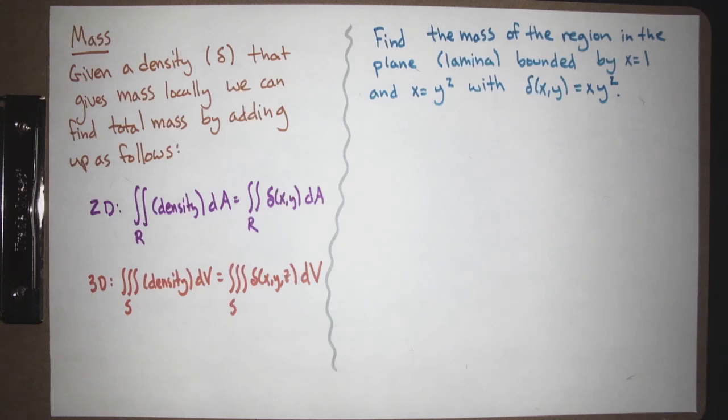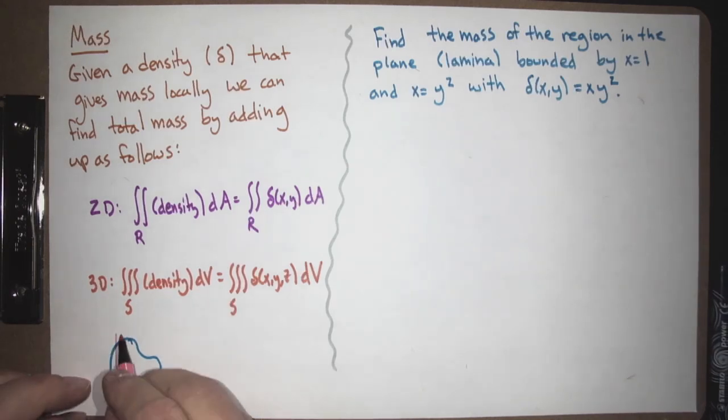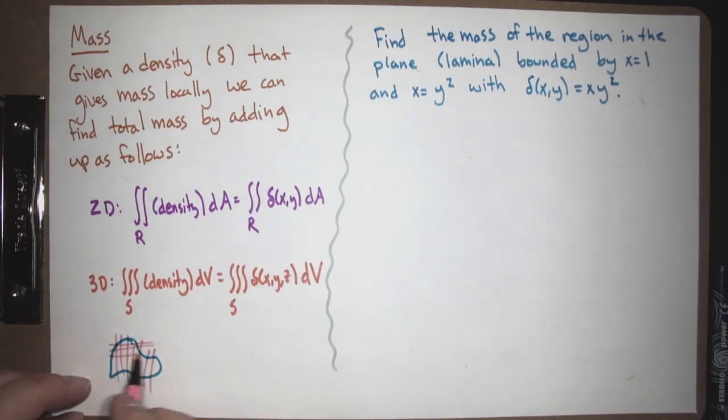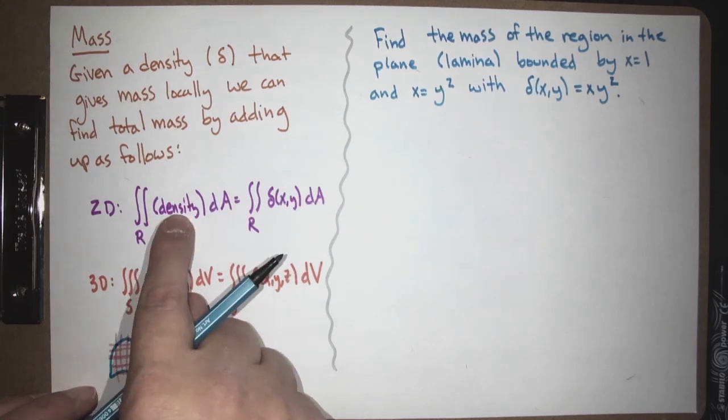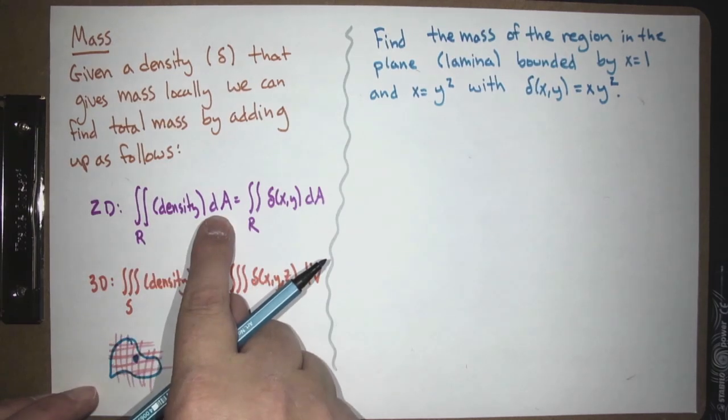So the idea is we take our object, whatever it is, and we cut it into little tiny pieces. Slice, slice, slice. And then we say, look, what's the mass of this little tiny piece right here? Well, it's the density of that little piece times the area of that little piece.